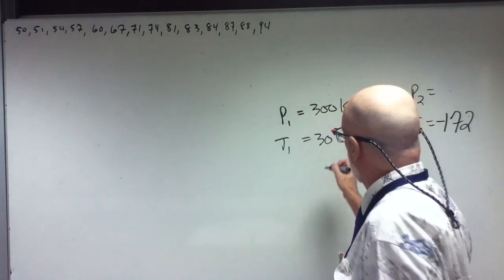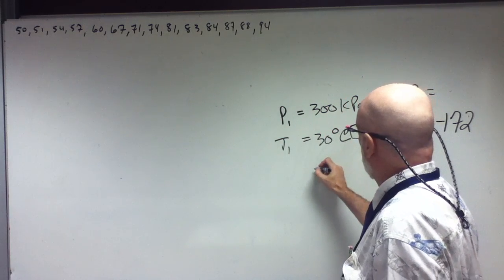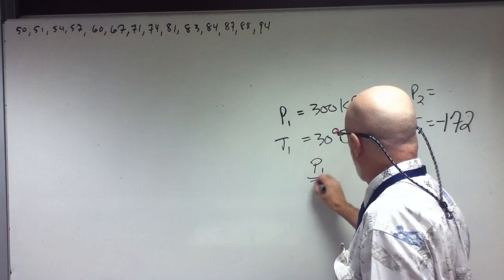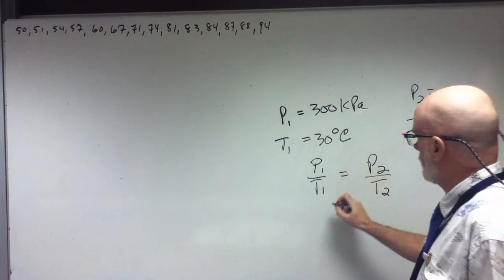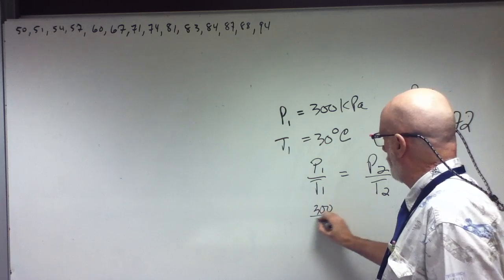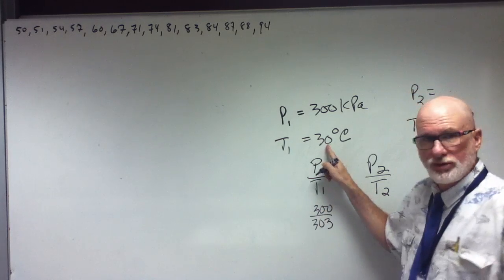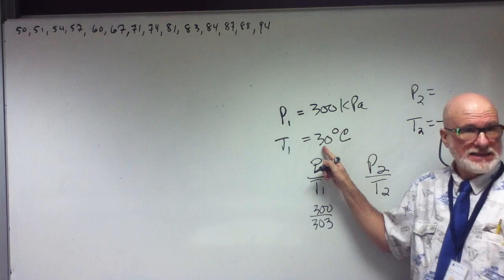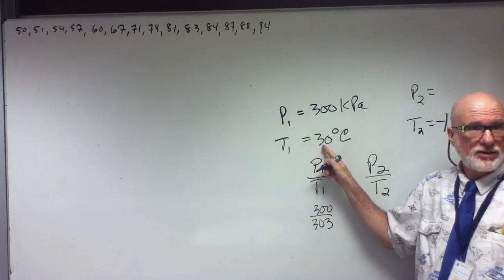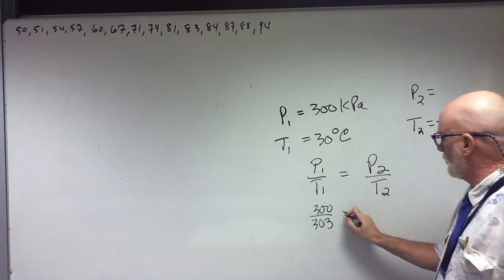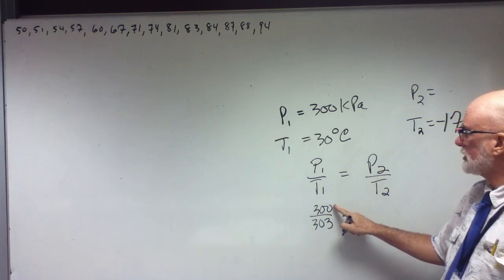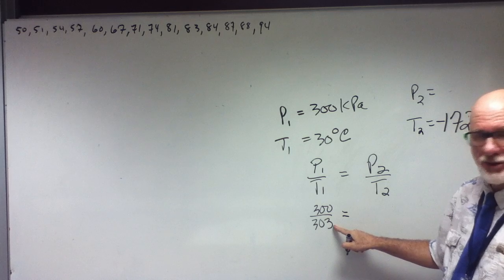Okay. So what would this be? P1 over T1 equals P2 over T2. So it's going to be 300 over 303, 273 plus the Celsius, right? 273 plus 30 is 303. And then this will be equal to, remember, that's pressure over temperature.